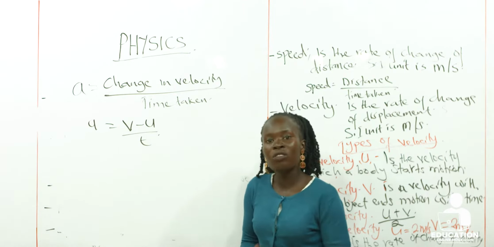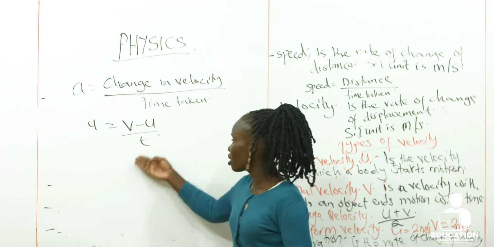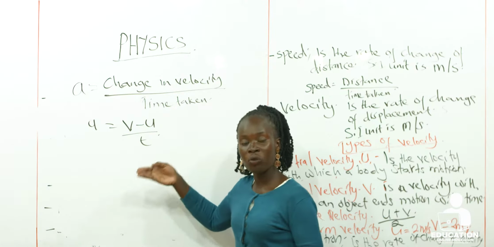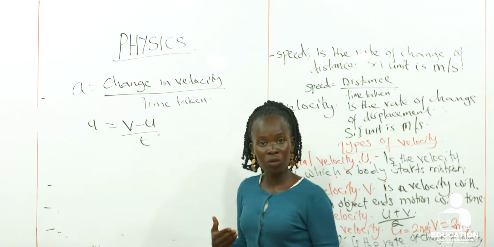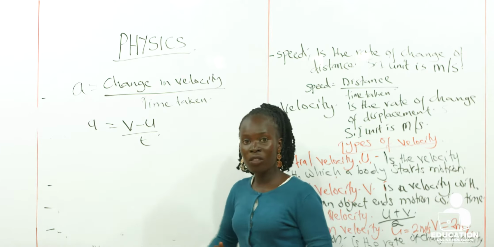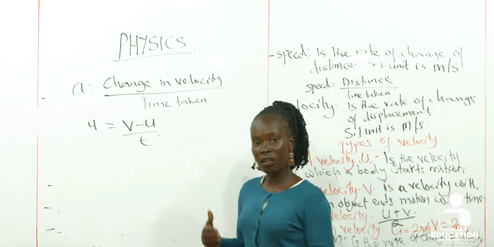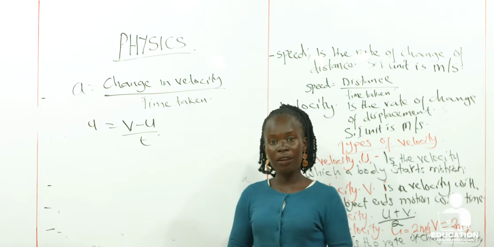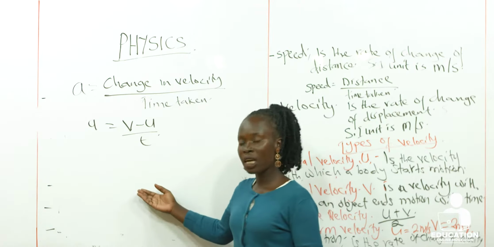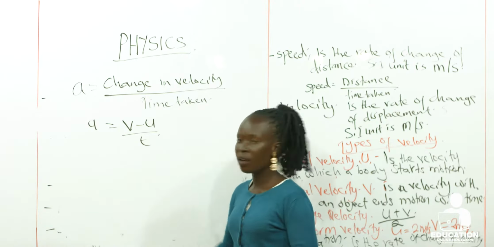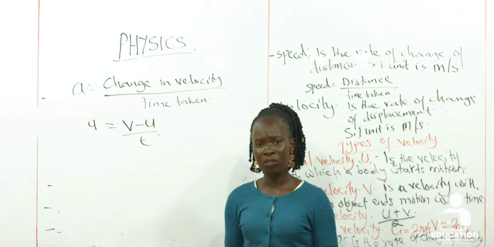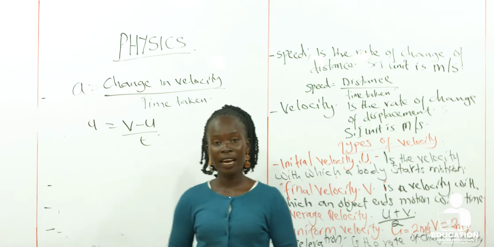So how was your car accelerating? You need to know the time you're taking from one point to another, the speed you started with, and the speed you ended with. You just subtract the speed you started with from the speed you ended with, and divide by time. Then you get the value of your acceleration. Acceleration can be positive or negative.